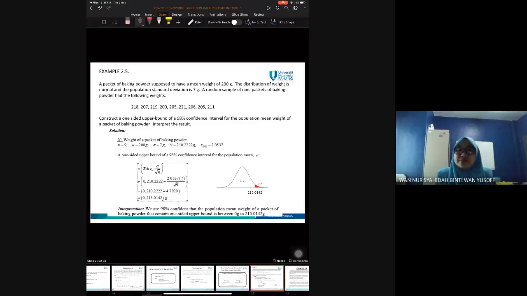this example. Here you are given the population standard deviation, so it is your sigma. A random sample of 9 packets. So you have a sample of 9, so this is sample data. You have the data, then you can find your mean and also the variance. The mean that you calculate based on the data here, what notation?